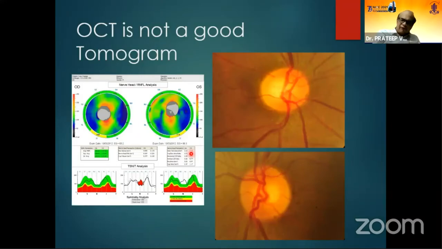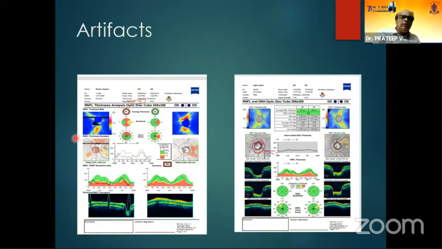And there are lots of pitfalls. It's not a good tomogram. You can see that in this, it's just a 0.2 CD ratio. But when you see this, there is almost a near total cupping. So remember one thing, the OCT is not always a good tomogram. Once there is a blink, you can see the blink effect.